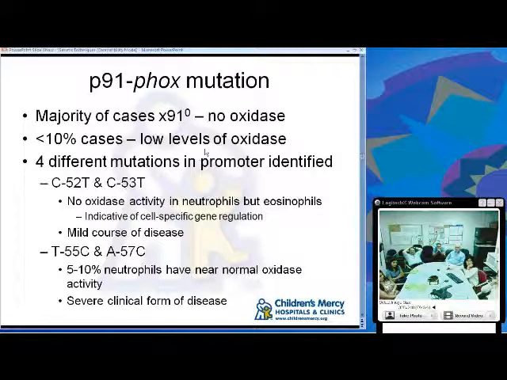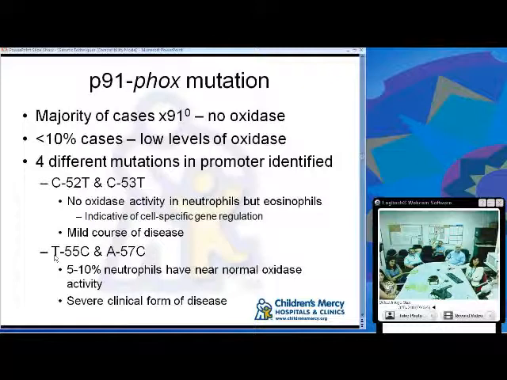In less than 10% of the cases there are low levels of oxidase, and what they have been able to find out is that there are 4 different mutations in the promoter of this gene that have been identified. 2 of them involve a change from cytidine to thymidine at position 52 and also at position 53 of the sequence. In this case, there's no oxidase activity in neutrophils, but there is oxidase activity in the eosinophils, which indicates you have some kind of cell-specific gene regulation of P91, and you get a mild course of the disease.